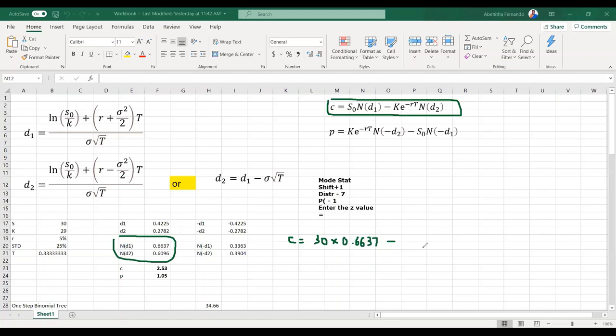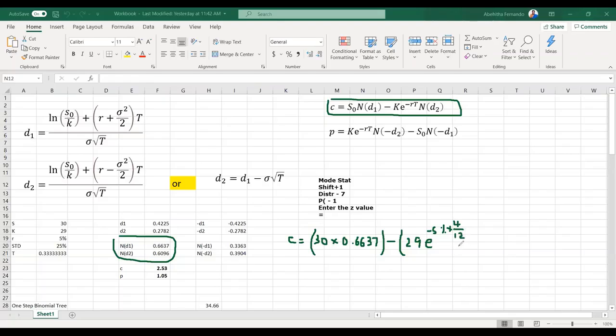Minus, take the present value of the strike price. The strike price was given to us as 29. So take the present value of 29 multiplied by e to the power minus R into T. R is 5%, T is 4/12.